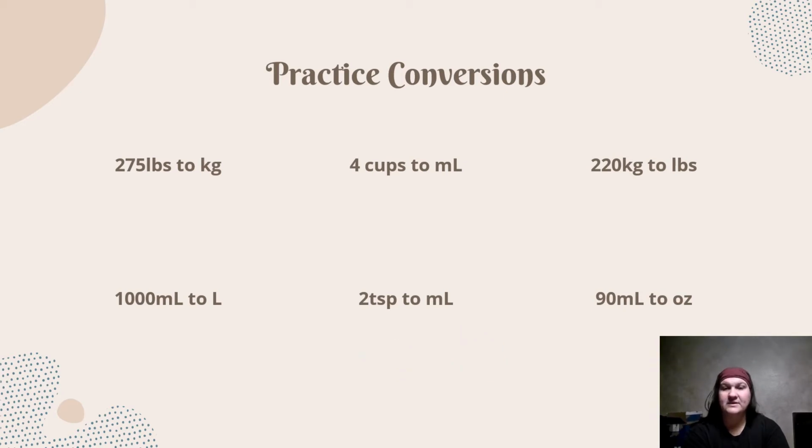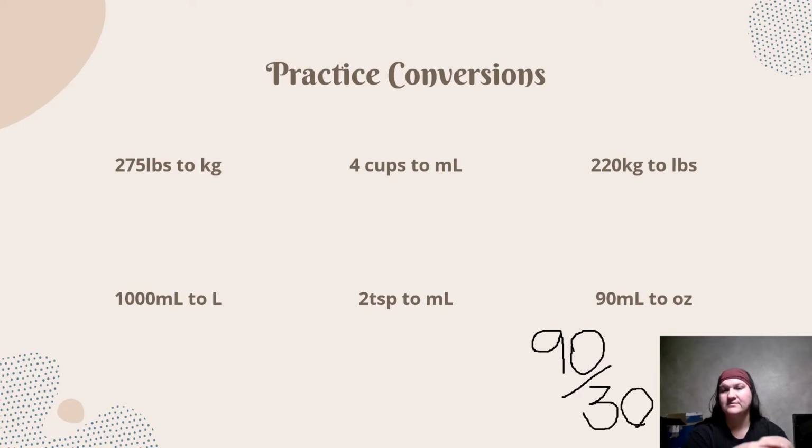Moving on. Okay. 90 mLs to ounces. So we've got 90 to ounces. Well, how many mLs are in an ounce? Okay. 30. That's how we're going to figure this out.